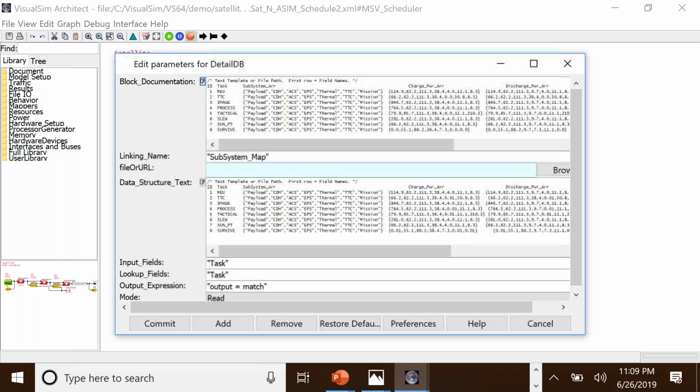And this one here is the most interesting, which is twofold. First is the fact that, for each one of the tasks, which subsystems are turned on, and what was the charge, that is, how much charging is happening when it's facing the sun versus when it's in eclipse. The other piece of it is being able to do the processing.